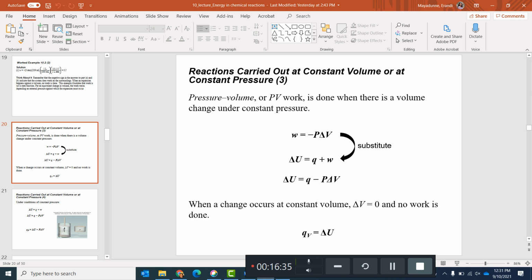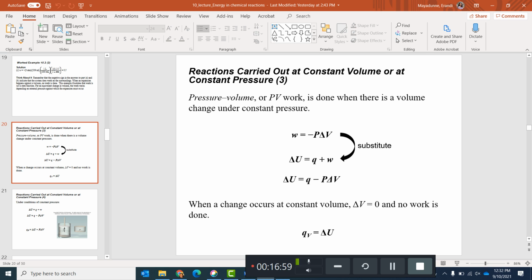Previously we talked about reactions carried out at different pressures with changing volume. Now the reactions are carried out at constant volume or at constant pressure. PV work is done when there's a volume change under constant pressure.